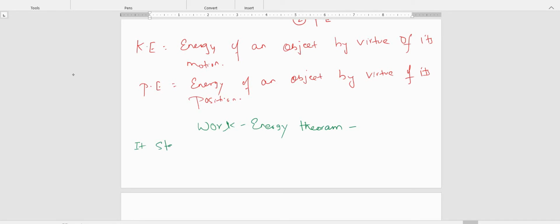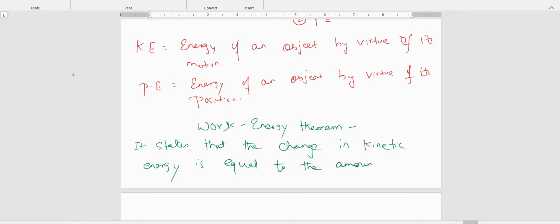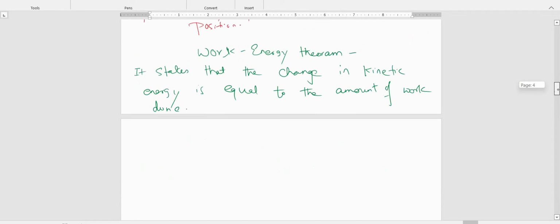It states that the change in kinetic energy is equal to the amount of work done. This is called the work energy theorem.